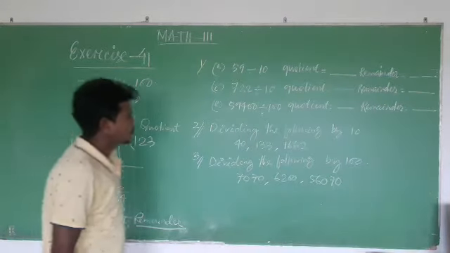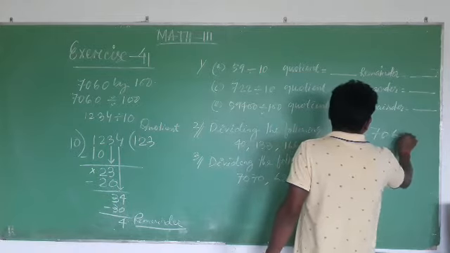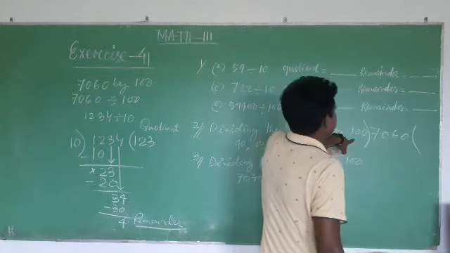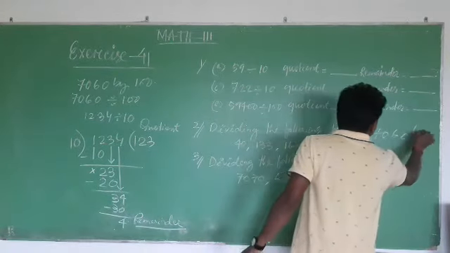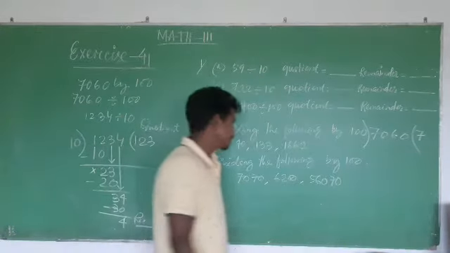I have no place, so I am doing it here: 7060 by 100. Now 100 into 7 is 700.